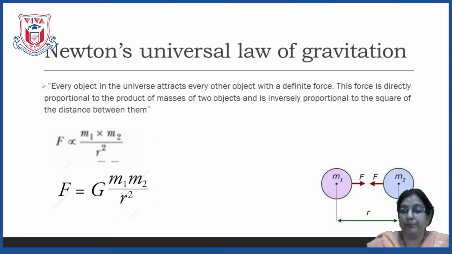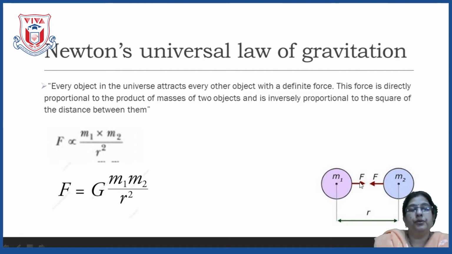Let's see what he proved. First of all, we will see with the help of a diagram. Consider two objects. Let the mass of one object be m1 and the mass of the second object be m2. There is a force of attraction between m1 and m2. If the force that m1 exerts on m2 is in this direction, then the force that m2 exerts on m1 is in the opposite direction.